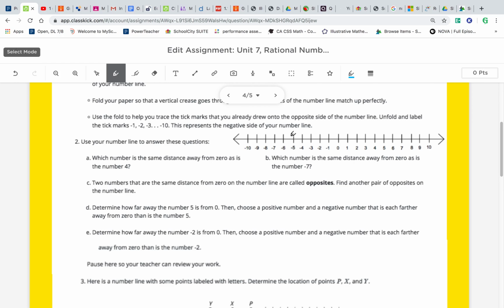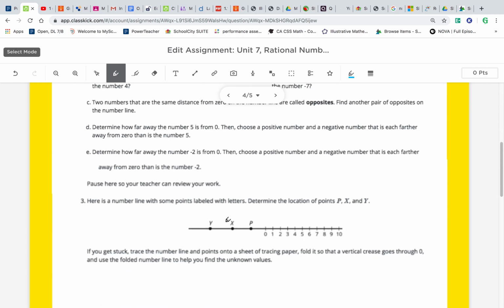If I want a positive number that is further away from 0, well, first let me find the exact opposite of negative 2. That's positive 2. So that's the same distance from 0 as negative 2. So if I need a positive number that is further away from 0, I've got to go this way, like 3, 4, 5, 6. All right, this is a very important concept, and we're going to be building on this in future lessons. So if it's easy to understand, great. We will be using it a lot in the future.